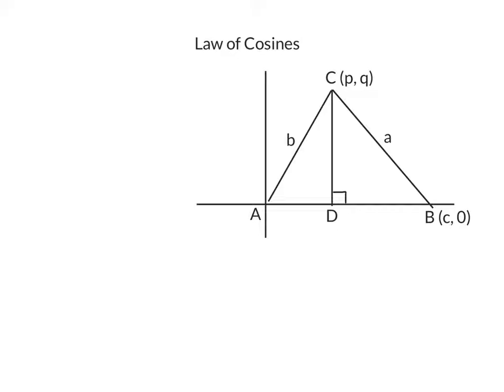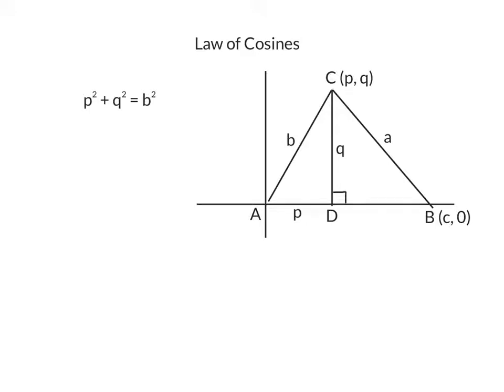As you can see from the diagram, the segment AD is equal to P, and the segment CD is equal to Q. And since we have a right triangle, ADC, P squared plus Q squared is simply going to be equal to B squared.